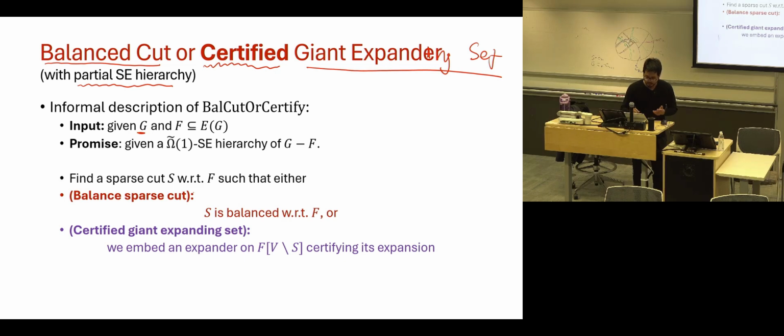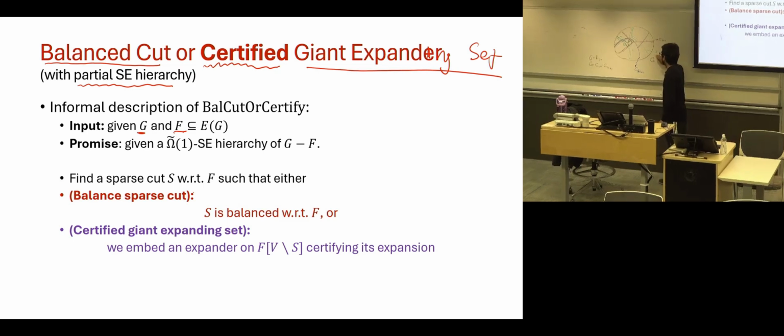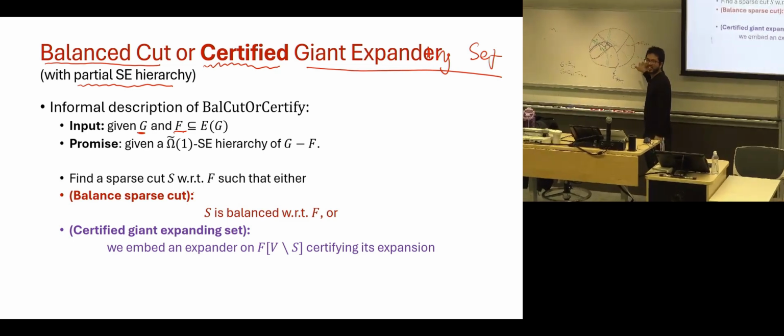Basically, it's given G and some edge set F. What is this edge set F? Think of it as a cut edge set CI, where when we build this hierarchy, we want to compute expander decomposition with respect to some edge set, right? So F here is like the edge set CI.